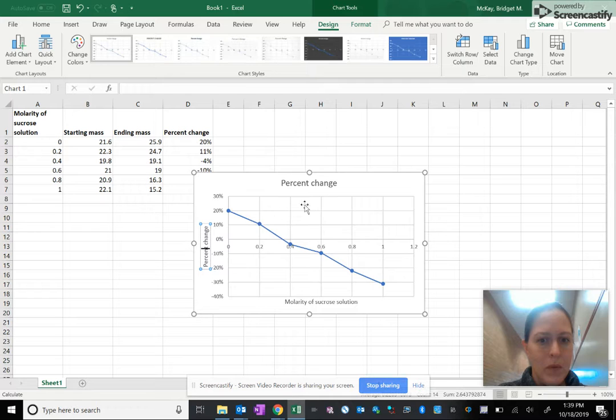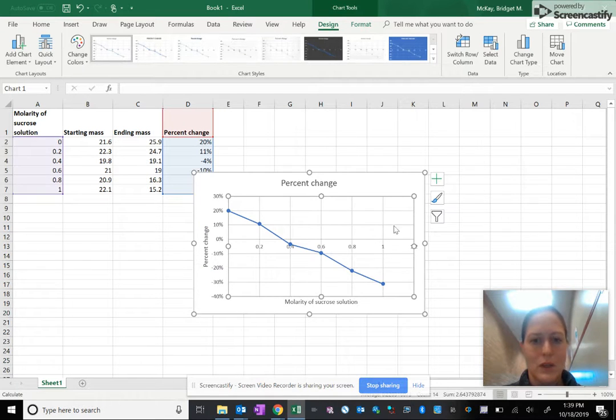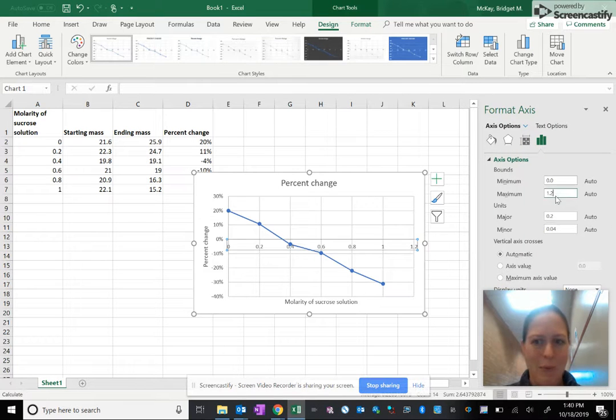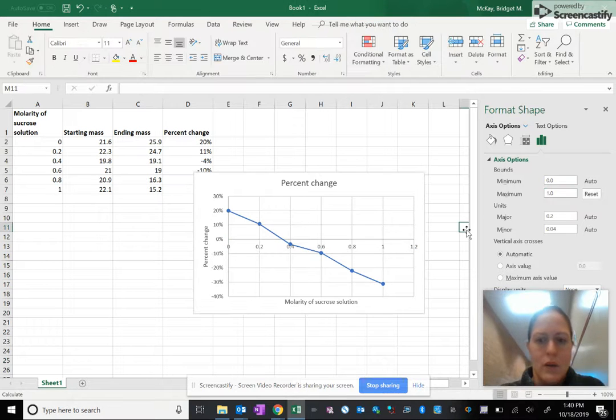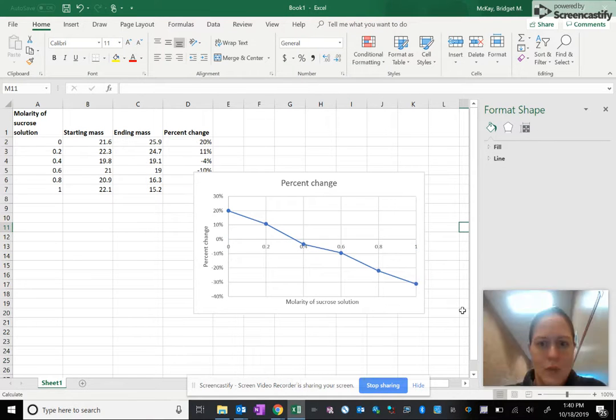Okay, and I think it's dumb that this goes up to 1.2, and it's just one of those things that kind of bothers me. So I'm also going to edit my axis and make my maximum 1. Just a personal thing. It's not like super important or anything. Okay, did it work? Okay, it worked.